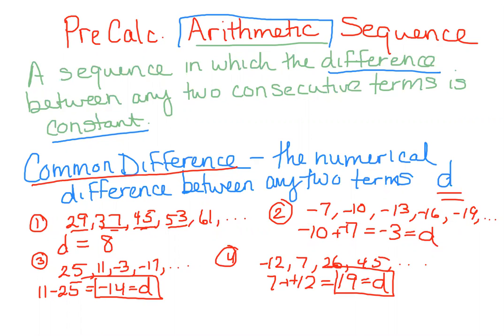Oh, and then it asks you for the next 4 terms. I didn't even see that. All right, well, let's do that quickly. The next 4 terms for number 1 would be 69, 77, 85, 93. For number 2 would be -22, -25, -28, and -31.